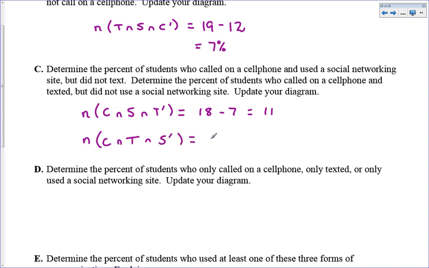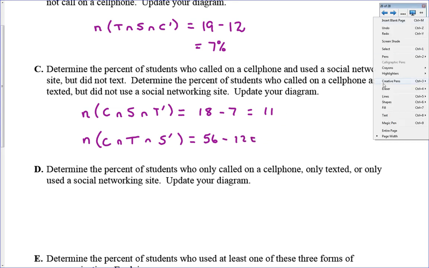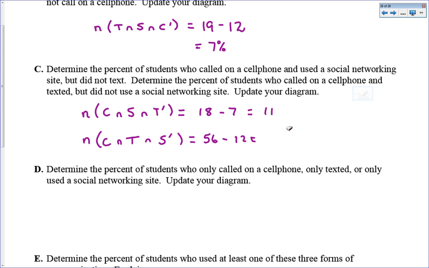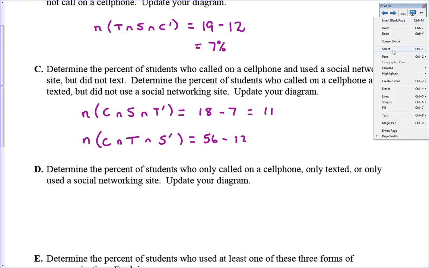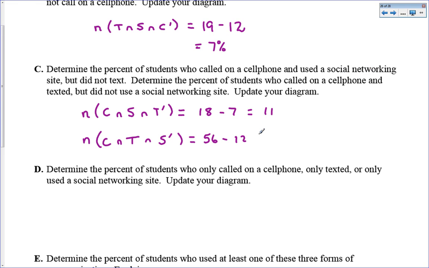Okay, and we have that 56 called on a cell phone and texted. So 56% minus 12% will give me 44%.